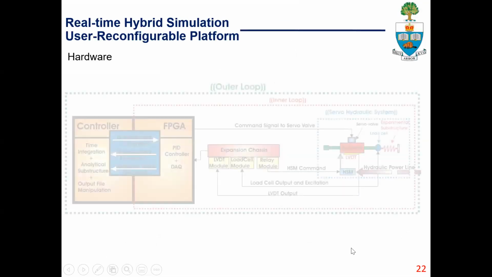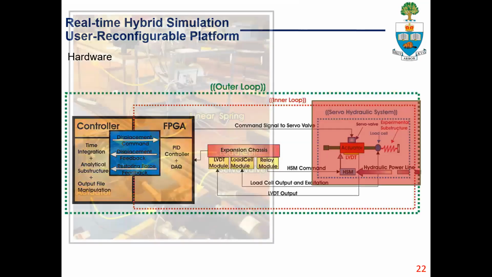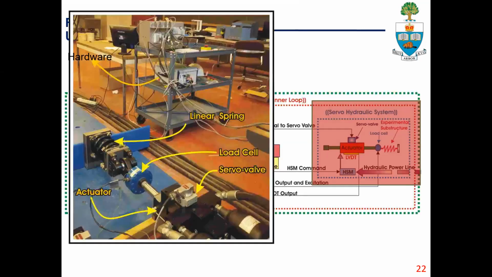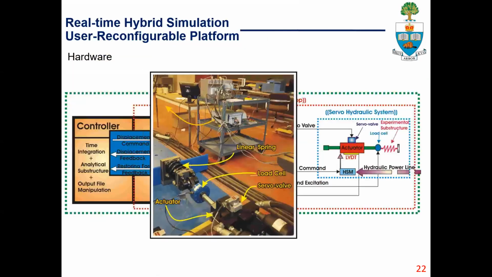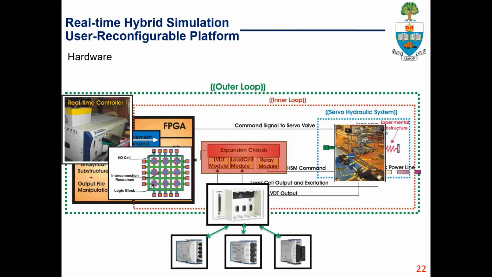The next platform I want to talk about is what we call a user reconfigurable platform. This time we used hydraulic actuators, and we have an NI-PXI system which has two real-time environments.